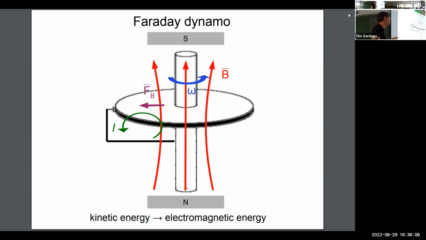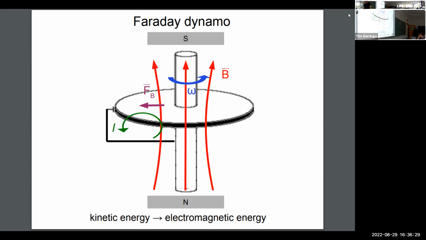Faraday used an external magnet to create the force and to fill the dynamo. Down here we've got a north pole, and upstairs here we've got a south pole, so the field is coming from some external magnet.